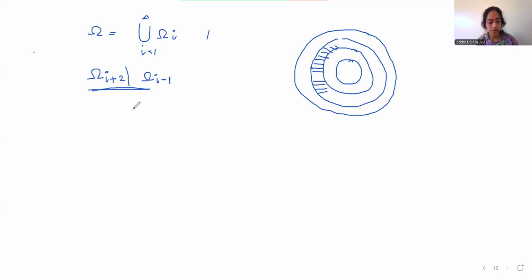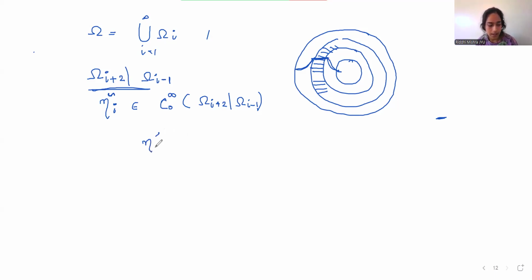So you want to define a smooth function eta_i tilde. This is compactly supported in Omega_{i+2} minus Omega_{i-1}. This means that here it is 1 and here the function goes to 0. So your function is 1 here and this goes to 0.